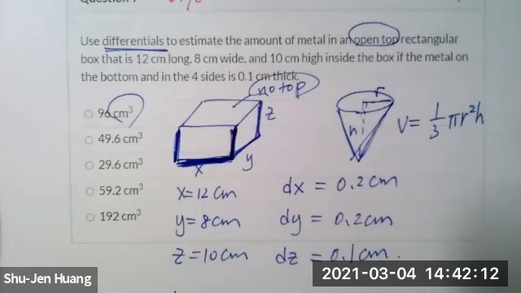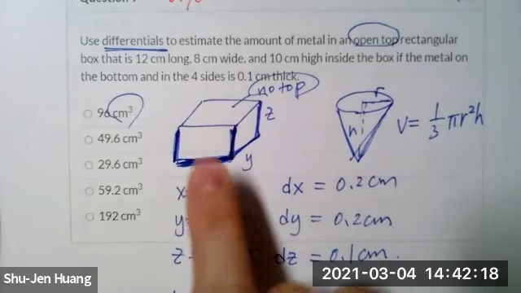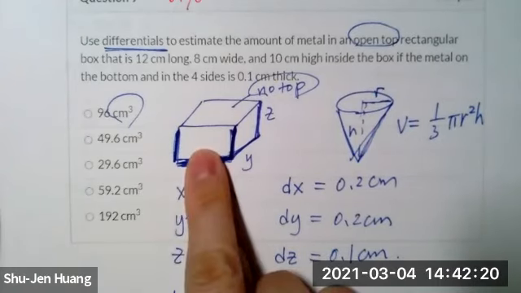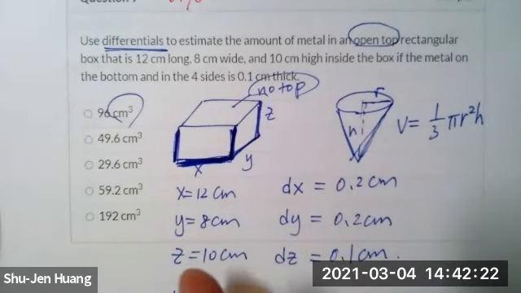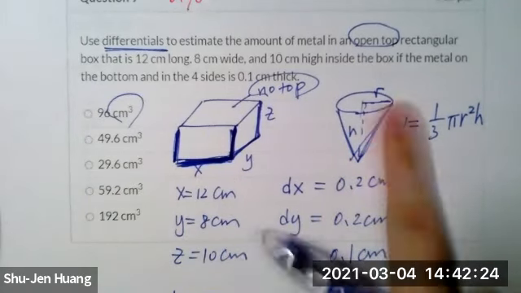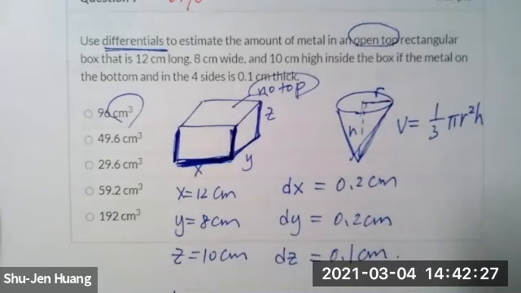Because in this module we also talk about the optimization, you do need to know the surface area. So you need to know the surface area for the box, also the cylinder. You don't need to know the surface area for the cone.